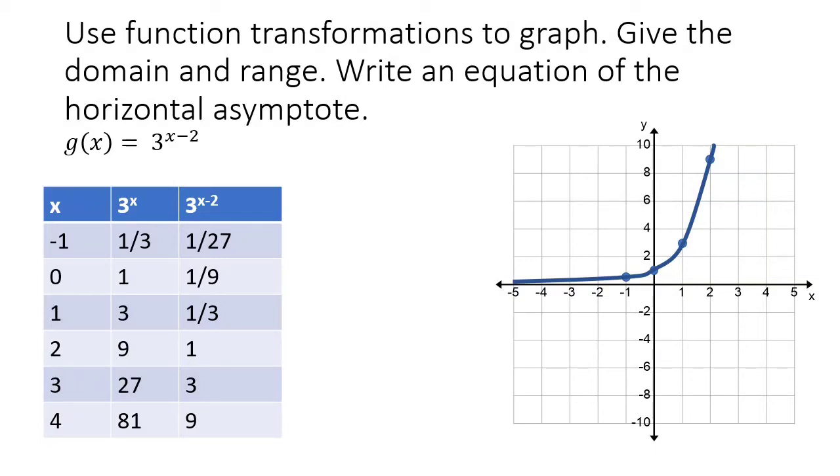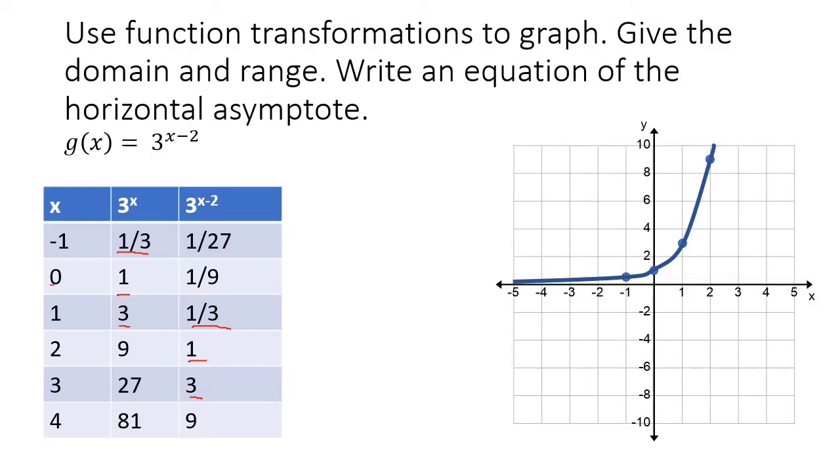You'll notice that each of the values can be seen 2 units above. So the 3 that's at 3 was at 1. Here's how it works. If my x is -1, x minus 2 is -3, so now I'm doing 3 to the -3, which is 1 over 27.